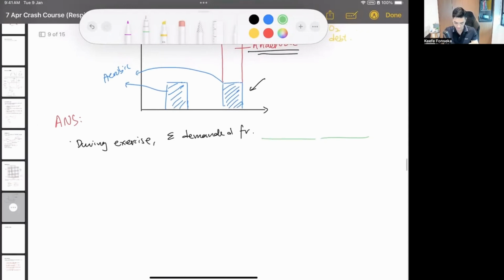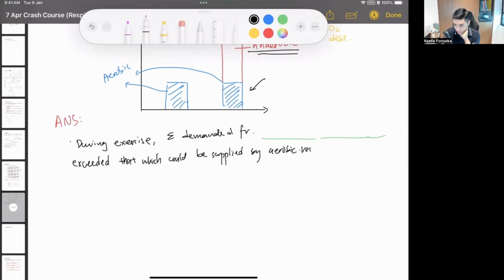What is the body doing that is demanding energy? Two words. Okay. And this thing that is doing exceeded that which could be supplied by aerobic respiration.